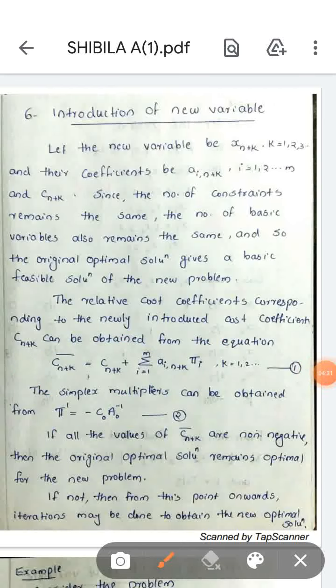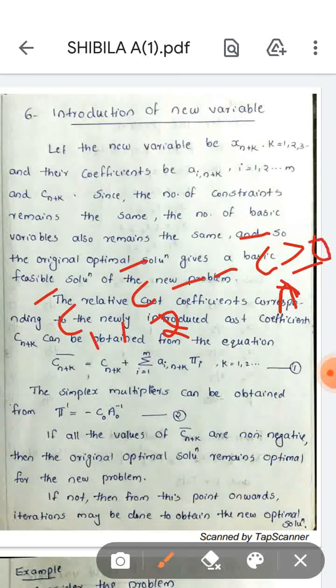We already have the relative cost coefficients c1 bar, c2 bar etc., cn bar, which are greater than or equal to 0 because our original solution is optimal.